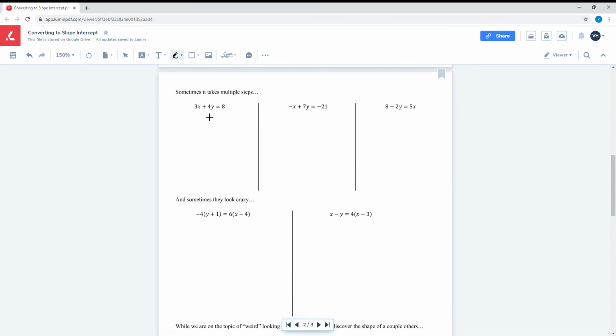So our first step, I know you might want to get rid of this 4 first. Don't do that. That's going to overcomplicate things. It's going to look really disgusting if you do that first, okay? So let's not focus on the 4 until the end. First, let's focus on this 3x. This positive 3x, because there's no negative. We want to bring this whole guy over to the other side.